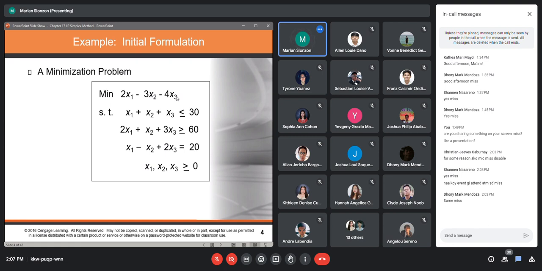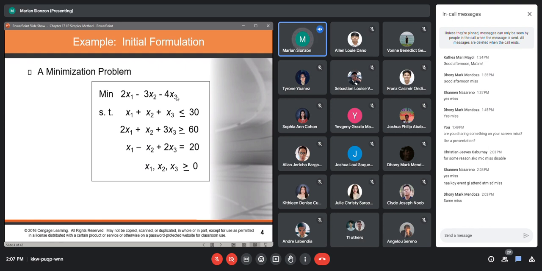All right. So, on the third, okay, for less than, you add a slack variable. For a greater than, you subtract a slack variable but add an expensive or a large valued artificial variable. For the equation, the third constraint is x sub 1 minus x sub 2 plus 2x sub 3 is equal to 20.